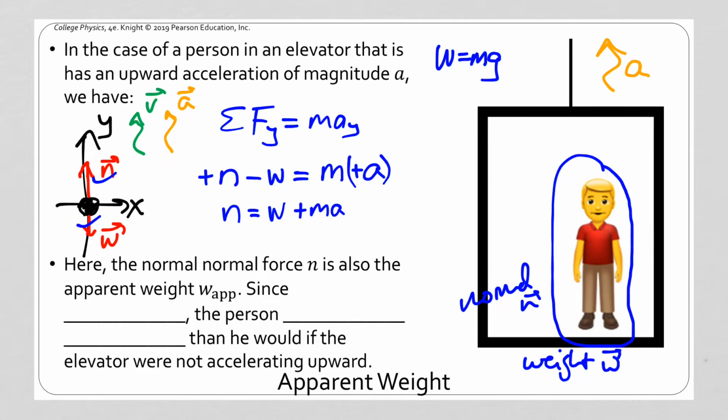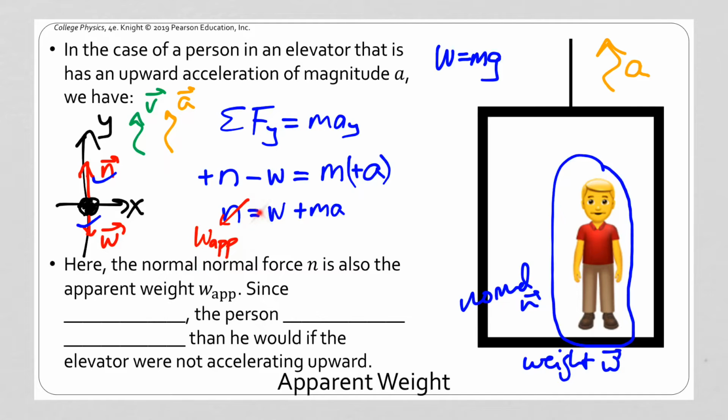Because we just said that the normal force is the apparent weight, it's what this person would feel in their feet and pushing up through their legs. And that's how you interpret or experience your own apparent weight. Their apparent weight is his full weight plus this extra term that accounts for the acceleration of his body upwards as it accelerates upwards with the elevator car.